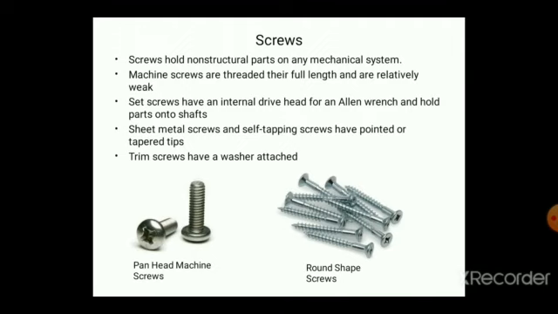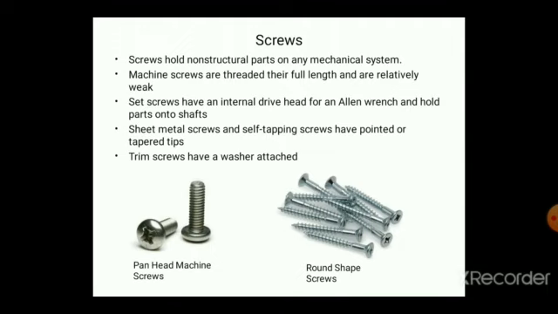These screws are used for non-structural parts on any mechanical system. If you want to hold a non-structural part, you can use screws. For example, on a wall, or the seat cover of your ST bus or school van, where you can use a screw type of arrangement instead of a nut and bolt arrangement.